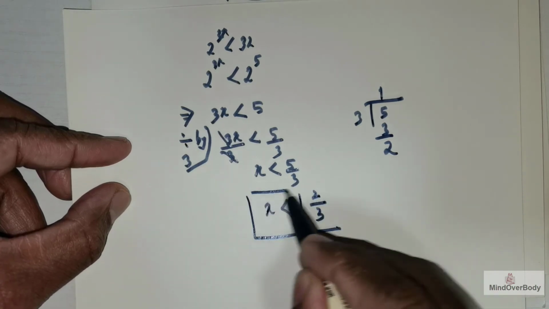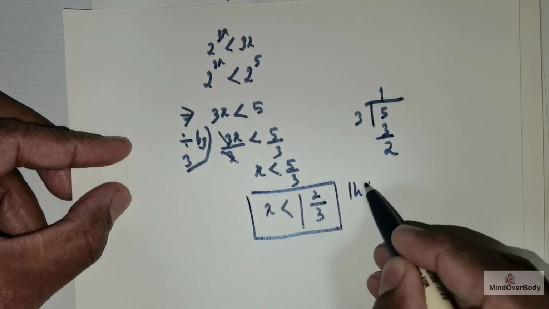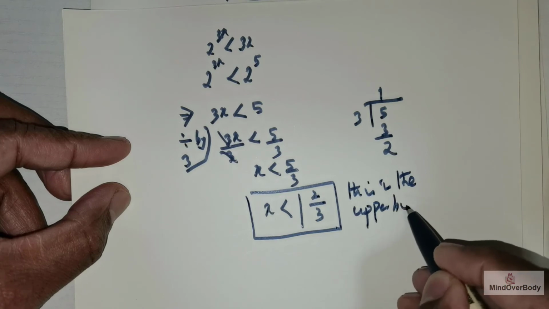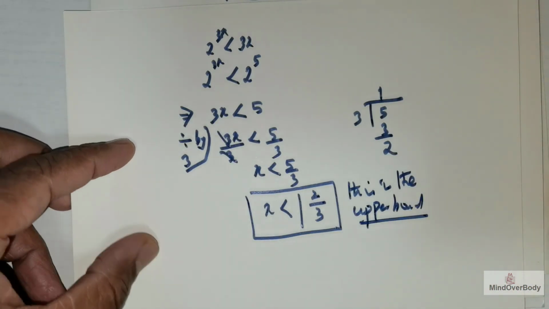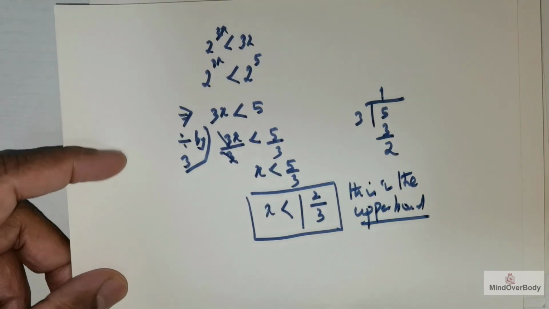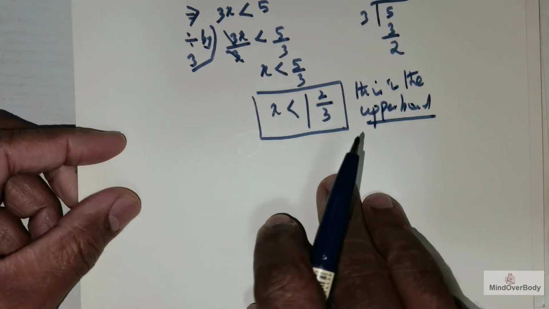So this is the upper bound. That's what I have got now. But the solution is incomplete, because as long as you give only an upper bound, you cannot have any conclusion on this question. So now let's do the lower bound.